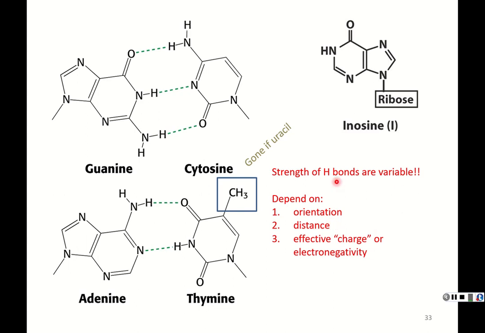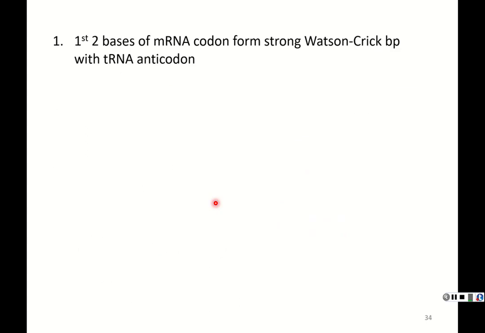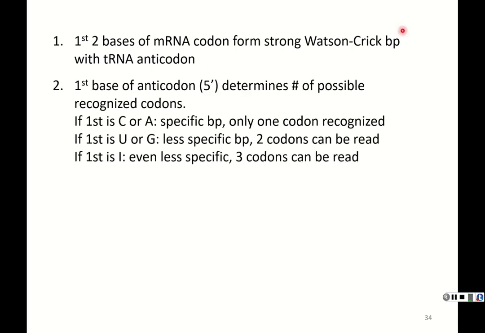The strength of these H bonds is variable, and they depend on the orientation, the distance, and the effective charge or electronegativity. Depending on this, it's one of the reasons why in this wobble position you can have other base pairing that we don't normally see. The first two bases of the messenger RNA codon form strong Watson-Crick base pairing with the tRNA anticodon.